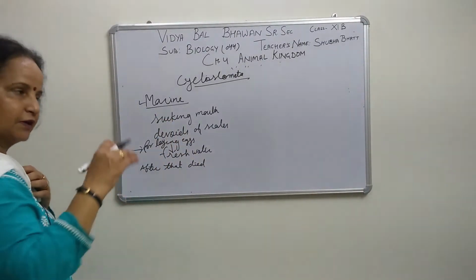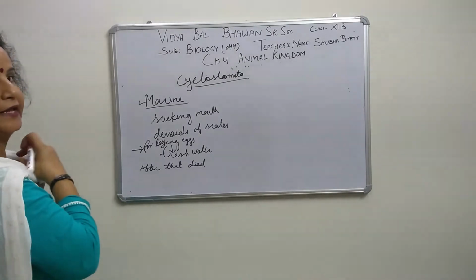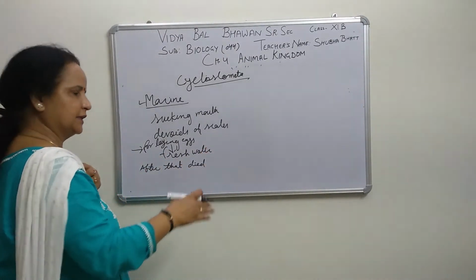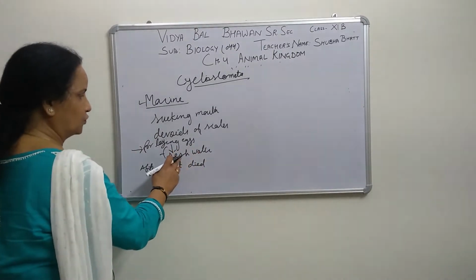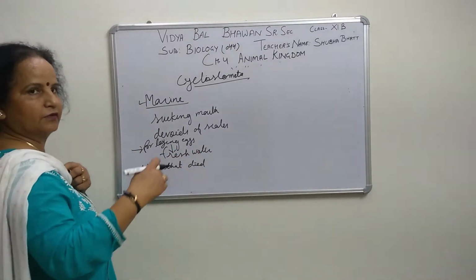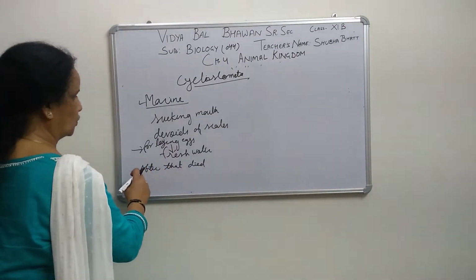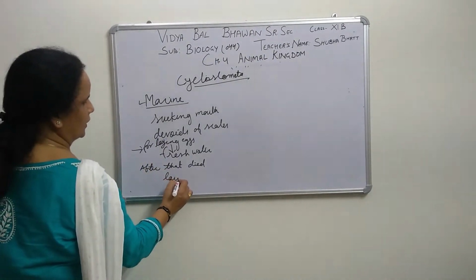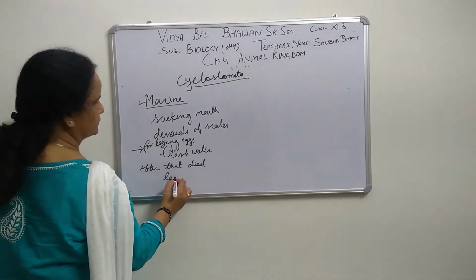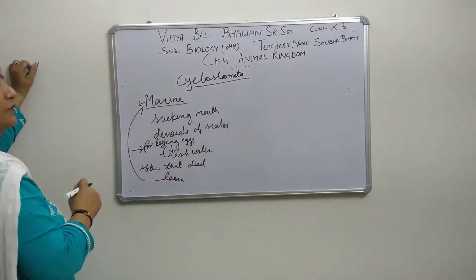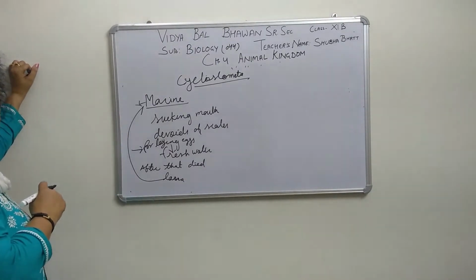After laying, that life is finished. And then those eggs develop through metamorphosis, they become larvae, and those larvae again move to the sea. That is the main characteristic of Cyclostomata fishes, right?